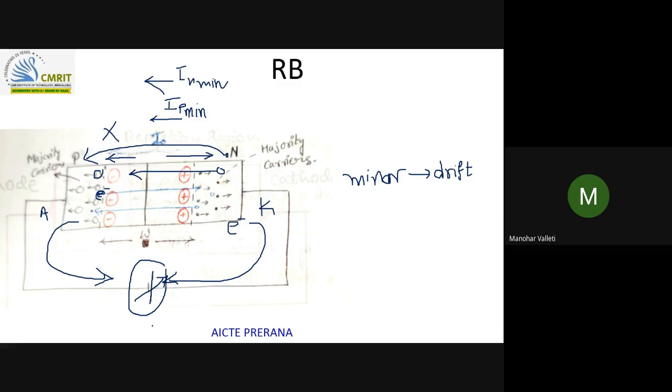So the reverse saturation current IS will flow in this direction, from cathode to anode. Okay, so the reverse saturation current is also a bipolar current, right? Because both holes and electrons were contributors.